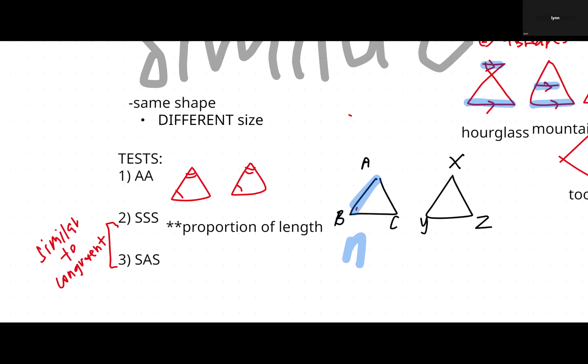So can I say YX, people? Yes or no? Cannot. If I do A to B, it means I must go from X to Y. And if I use AC, it means I need to use XZ.